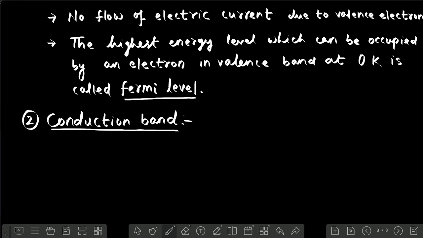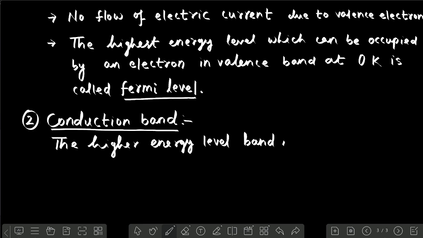So what is the conduction band definition? The higher energy level band is called conduction band. Above valence band, it is conduction band.